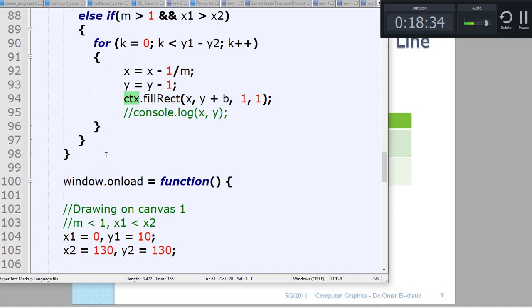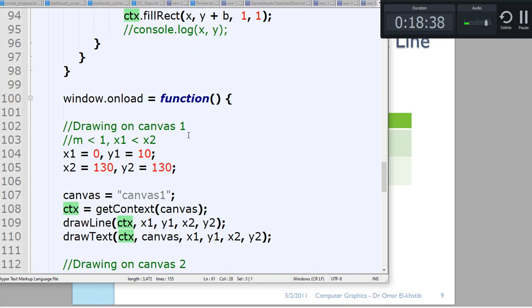Now we test this algorithm, and to test it, I have 4 canvases: canvas 1, canvas 2, canvas 3, and canvas 4. Why do I have 4 canvases? Because I want to test all 4 conditions at the same time. So on canvas 1, I will have the first condition, in which m is less than 1 and x1 is less than x2. How do we know m is less than 1?